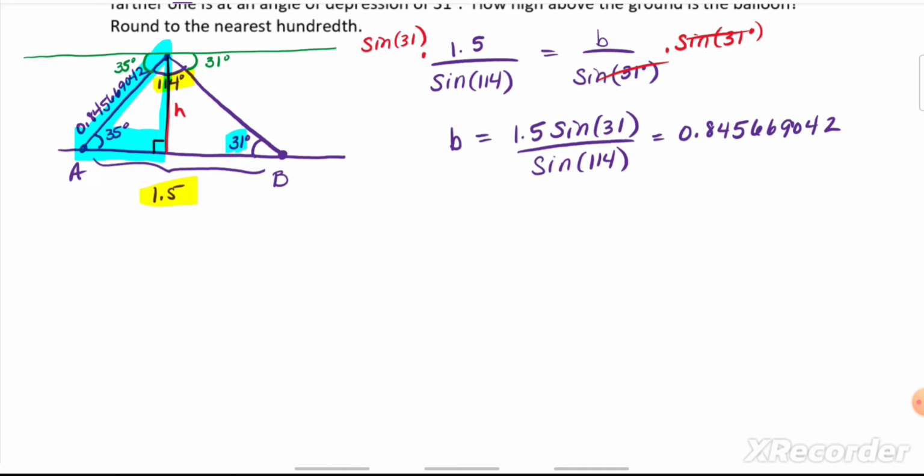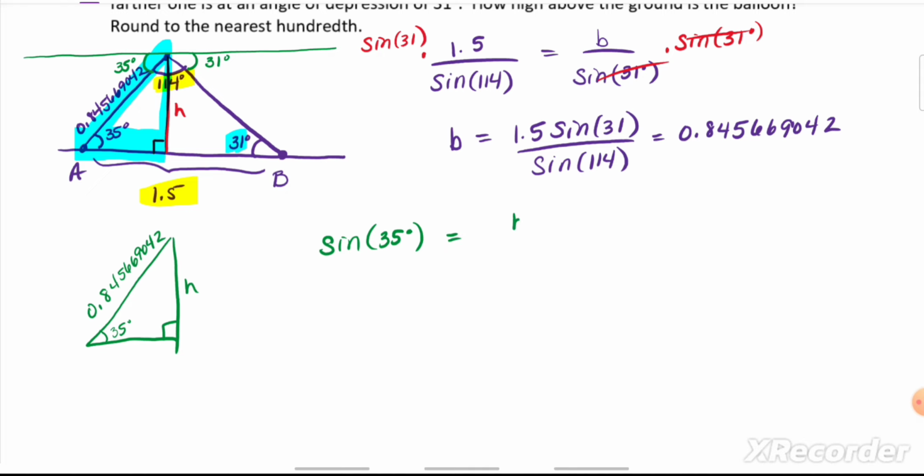I think I'm going to draw a breakout triangle. So we'll have sine of 35 degrees equals our opposite side over our hypotenuse.